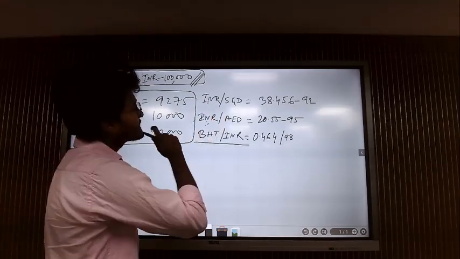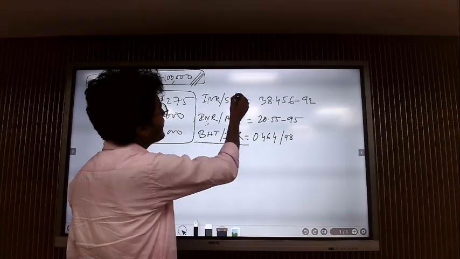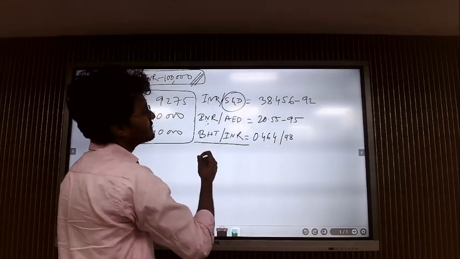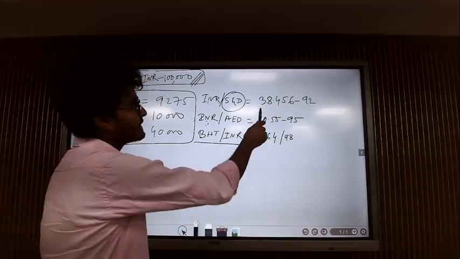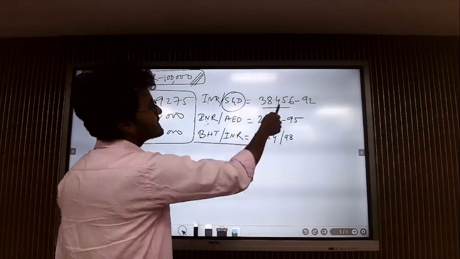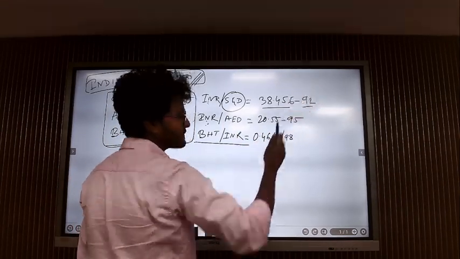As per this quote, one SGD buy rate, this, and one SGD sales rate, this.